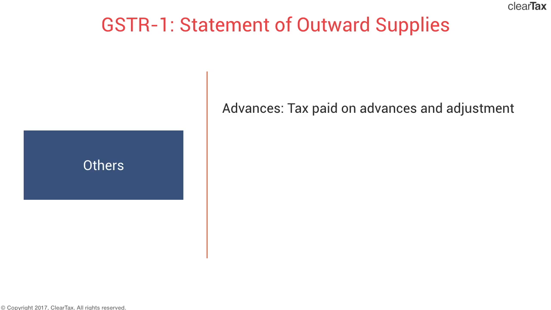If you've paid tax already in any of the previous accounting period for advances received or on account of time of supply falling in an earlier period, but you've issued the invoice only in the current period, then you'll have to give out details of such invoice in this return along with the transaction ID that had been generated when you paid the tax by the tax system.